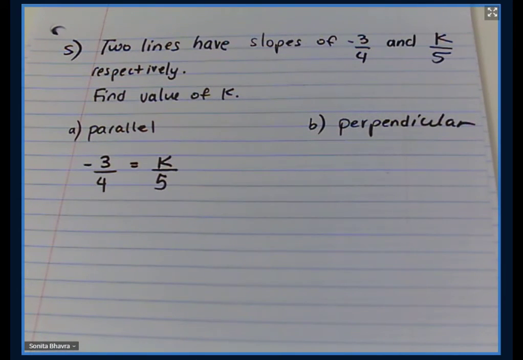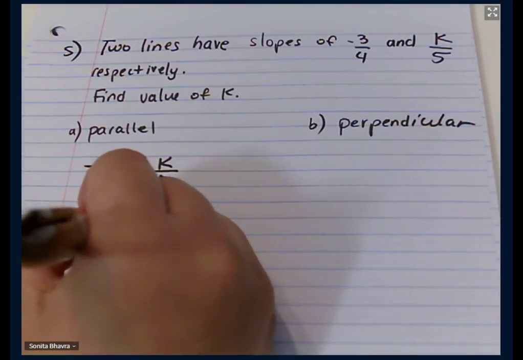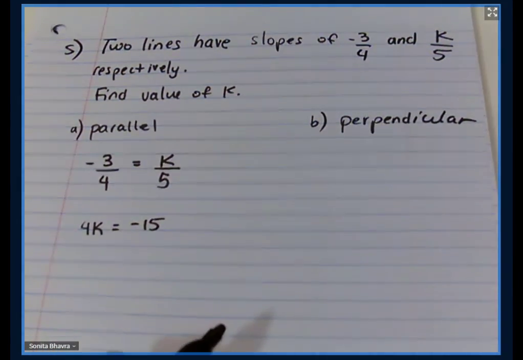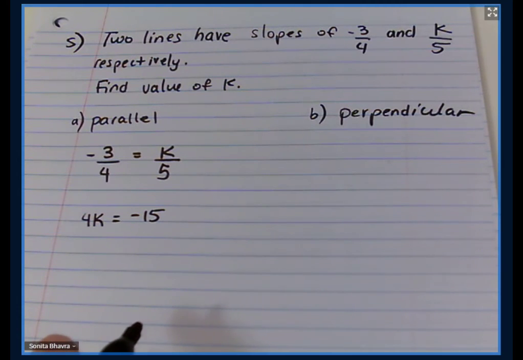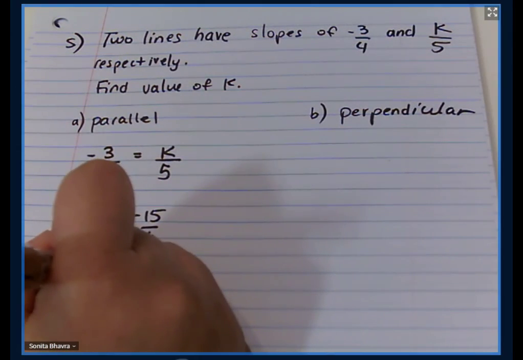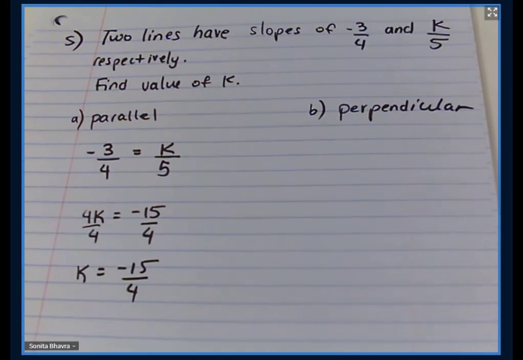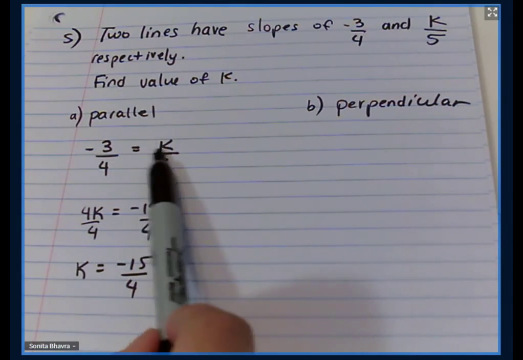Okay, to figure out the value here, you can just use cross multiplication. So you can do 4k, it's equal to -15, and then divide by 4 on both sides. And the value of k would be -15/4. All right, so that's what this value here would be.